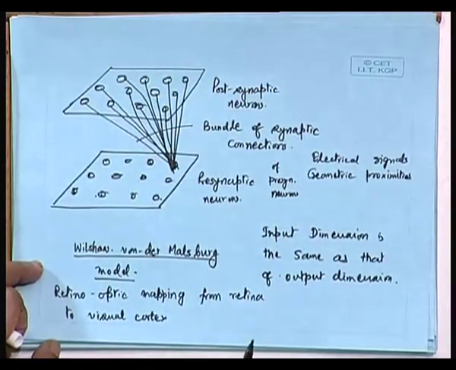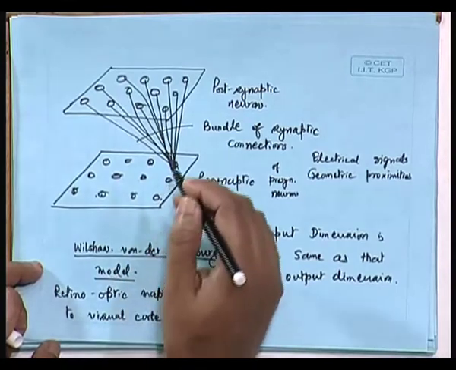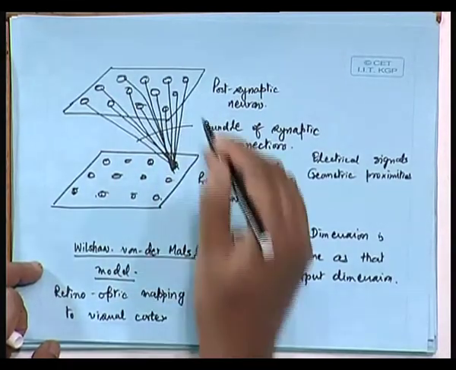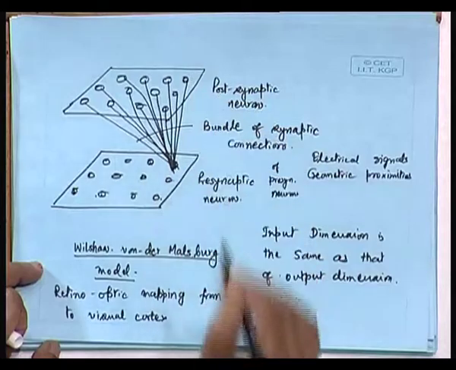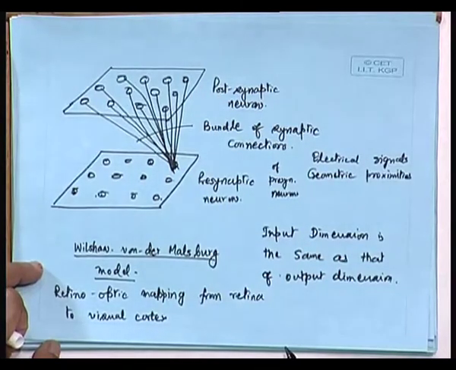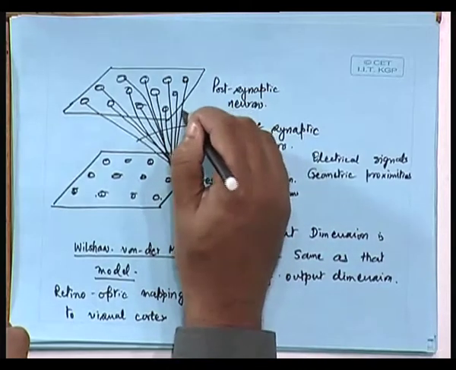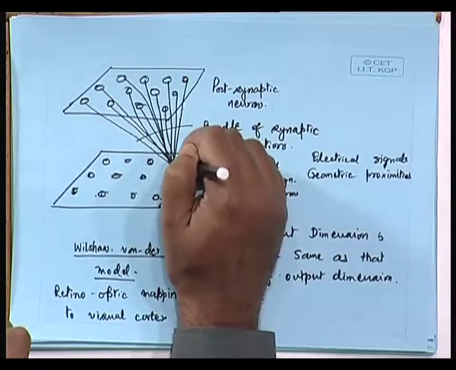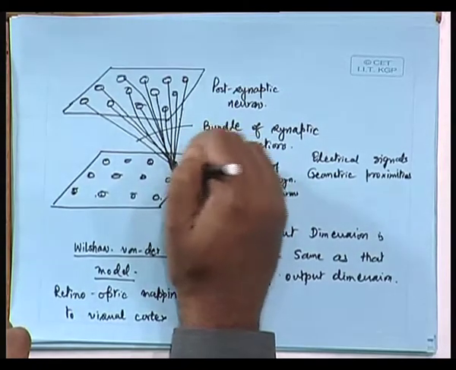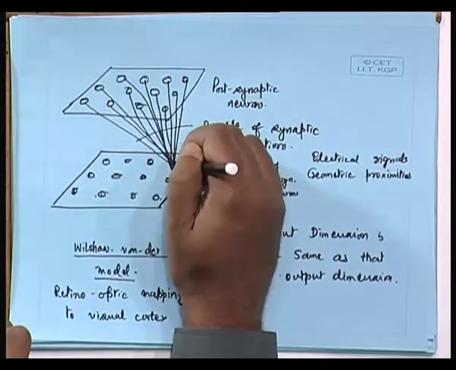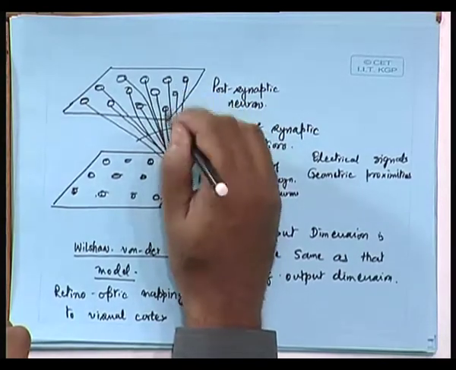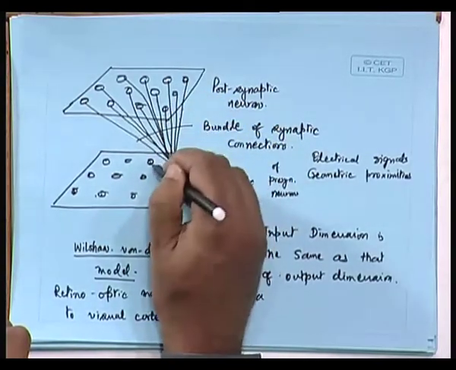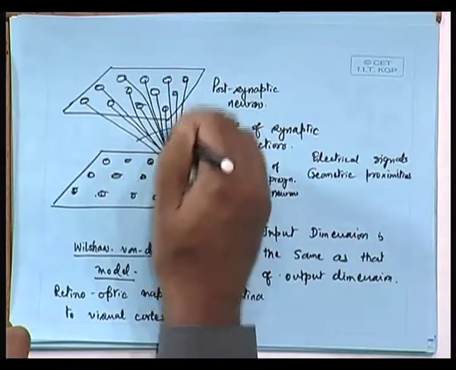But let us now take the case of some postsynaptic neuron, let us say the postsynaptic neuron out here. Now, here you will be finding that all these responses will be strengthened. If this neuron is active, then all these connections will be strengthened, and again this is connected to all these.